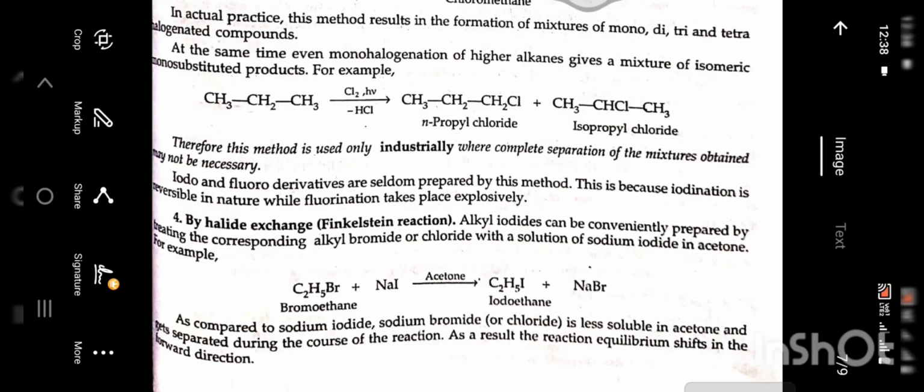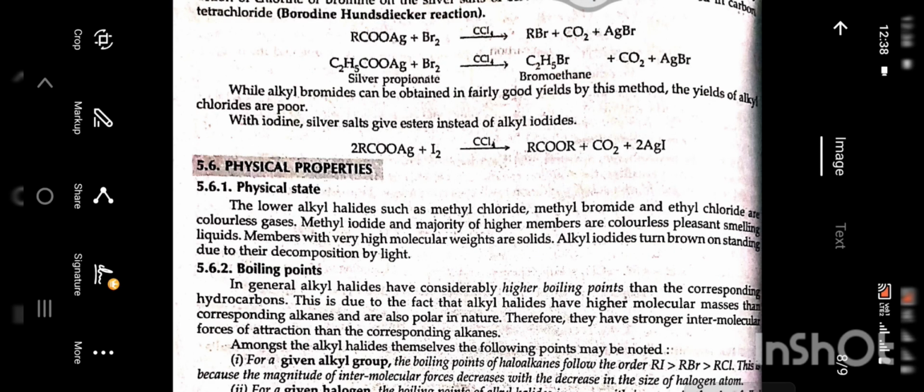Same as silver propanoate plus Br2 in the presence of CCl4 gives bromoethane plus CO2 plus AgBr. While alkyl bromides can be obtained in fairly good yields by this method, the yields of alkyl chlorides are poor. With iodine, silver salts give esters instead of alkyl iodides.